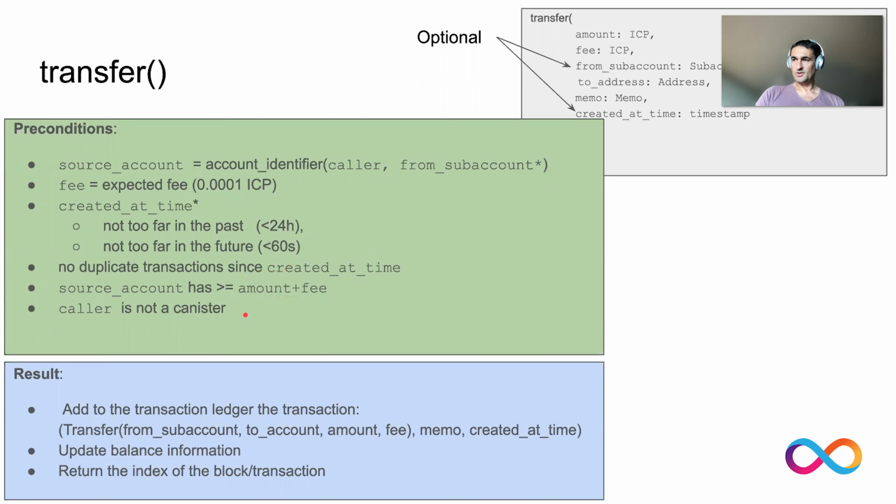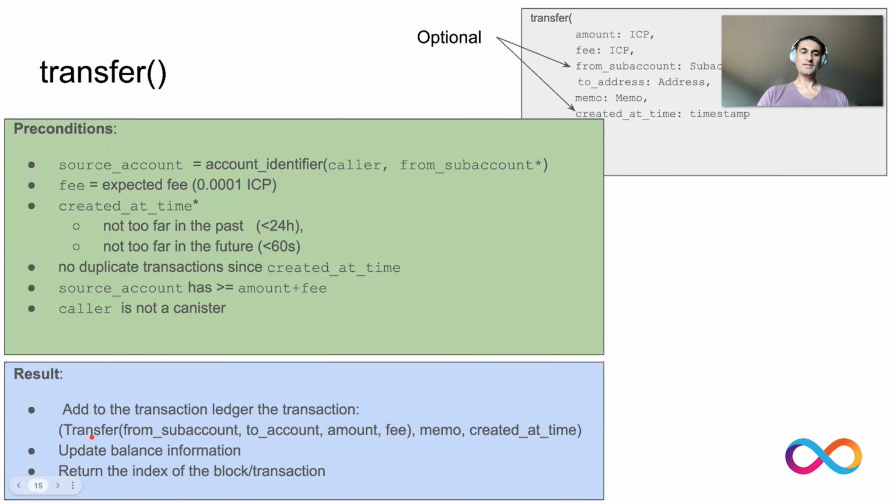And currently, and I'm going to talk about this a little bit later, we also check that the caller is not a non-NNS canister. NNS canisters are allowed to use this interface, but arbitrary canisters right now are not. If all of these checks succeed, then the transaction succeeds.